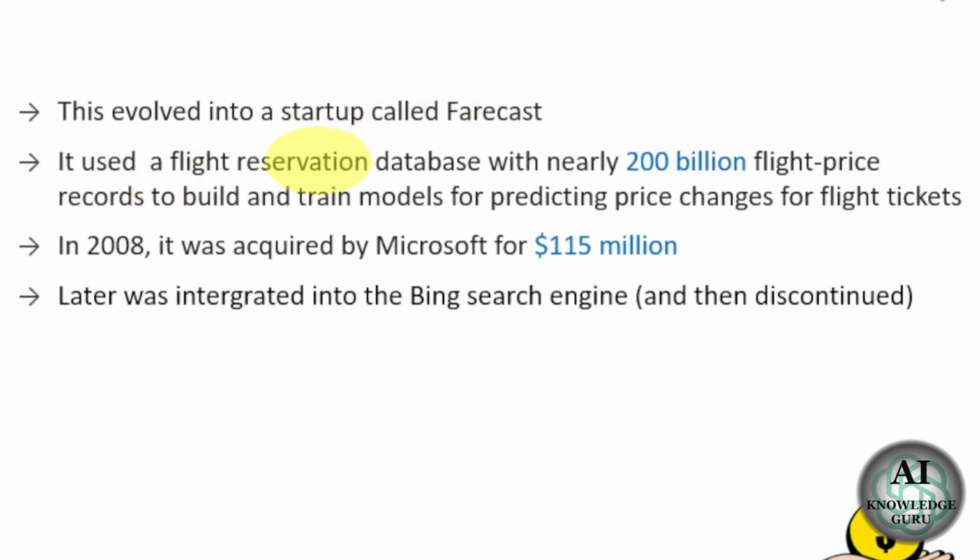It used a flight reservation database with nearly 200 billion flight price records to build and train a model for predicting price changes for flight tickets. In 2008, it was acquired by Microsoft for 115 million. Later it was integrated into the Bing search engine and then discontinued.